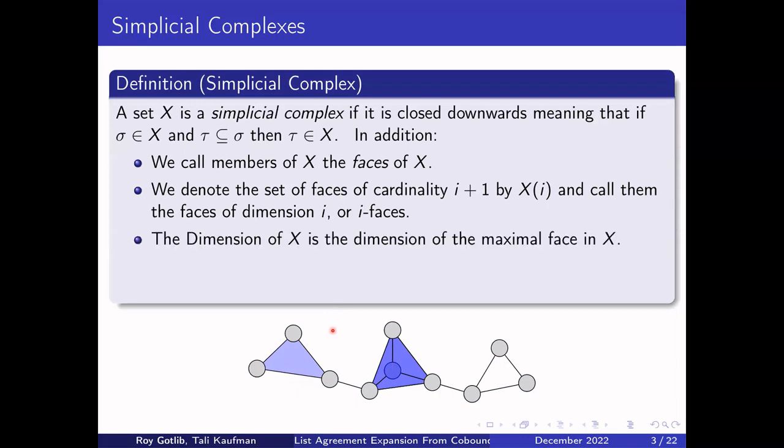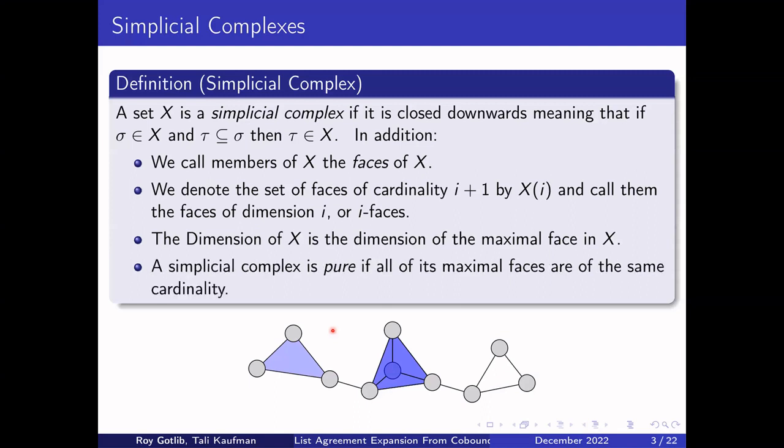The dimension of the simplicial complex is just the dimension of the maximal face in it, and we call the simplicial complex pure if its maximal faces are of the same dimension or of the same cardinality. We think of pure simplicial complexes as weighted objects in the sense that the faces of every dimension have a probability distribution associated with them, and the probability distribution of lower dimensions is determined by the probability distribution of high dimensions.